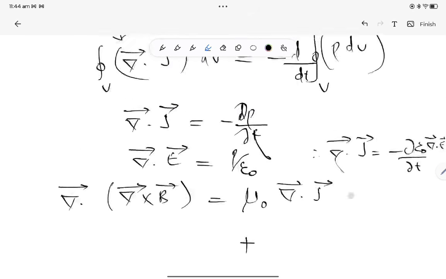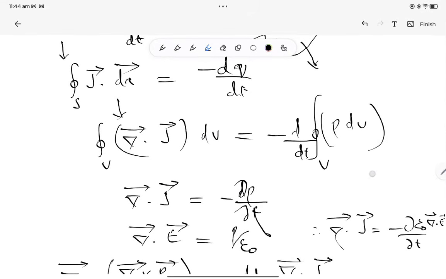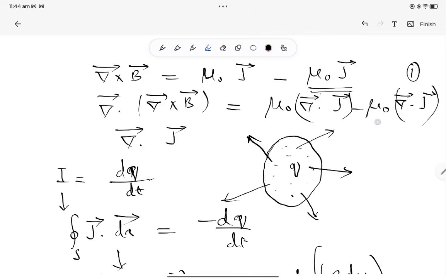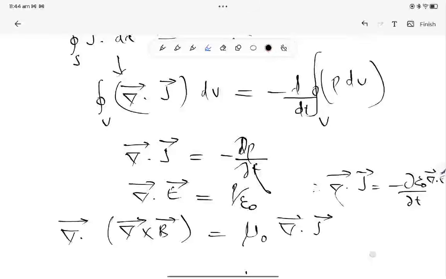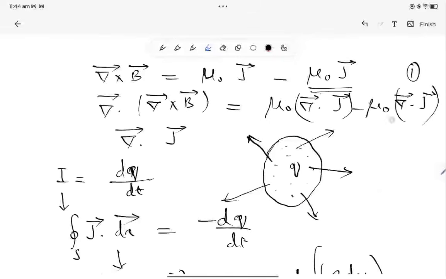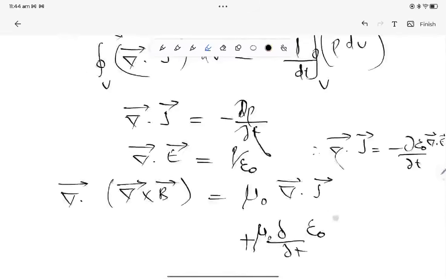Because you have minus here and you have minus here, and this whole term comes out to be this minus. So you have plus finally, that is mu naught epsilon naught del by del t of del dot E.